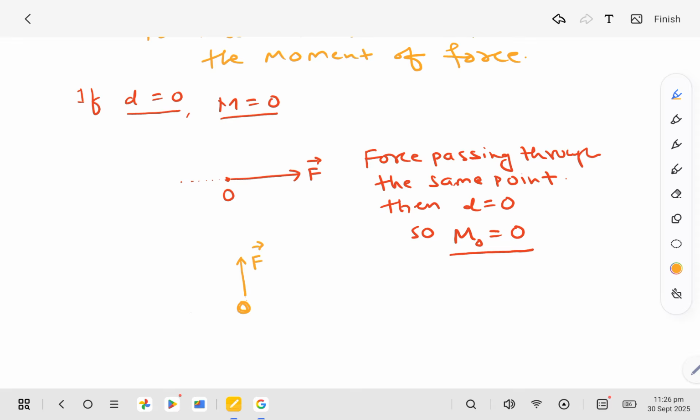Okay, then if you want to measure the moment of force about this axis or about this point O, in this case M_O equal to 0 because d equal to 0.